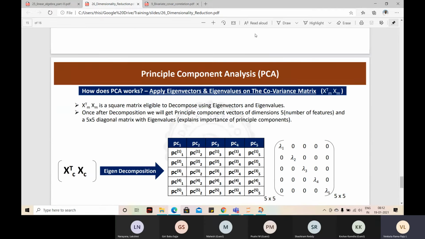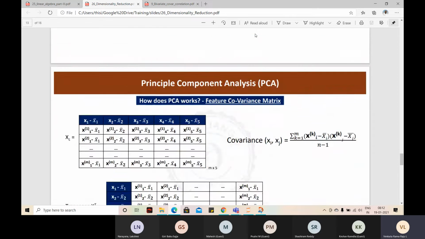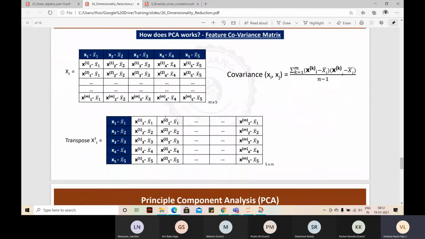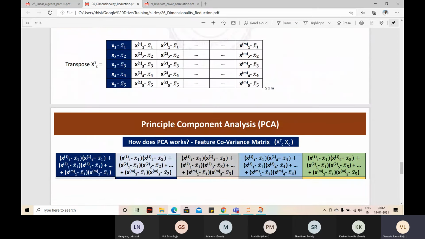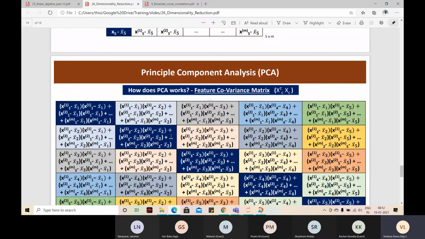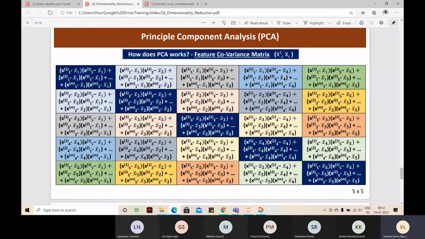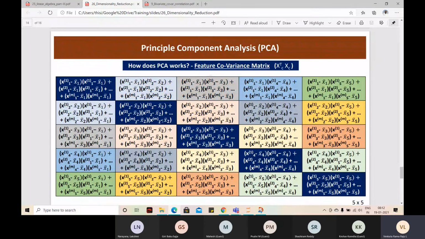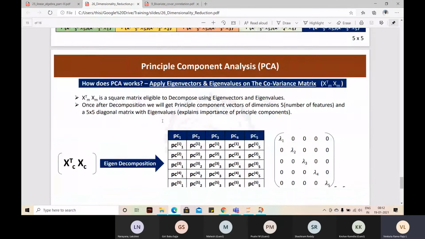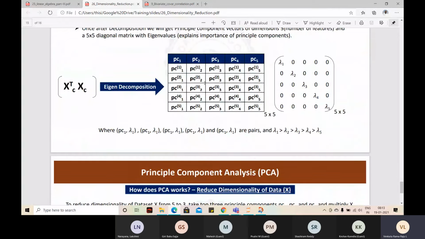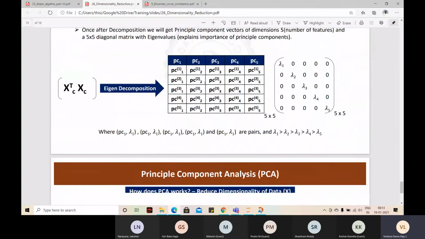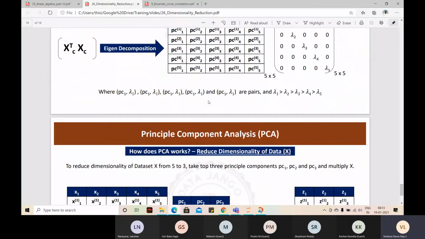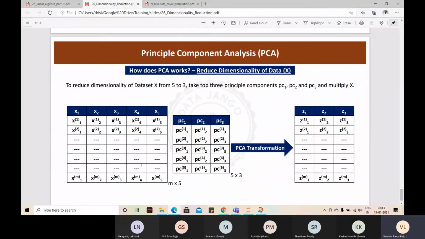When you apply PCA, this is what happens. It takes your original data, mean centers it, and multiplies the mean centered matrix with itself to generate a covariance matrix. Now PCA extracts essence from the matrix. What is the essence here? The covariance. It extracted the essence and kept it in an order. Then I have taken the best 3 principal components and multiplied with my original matrix.